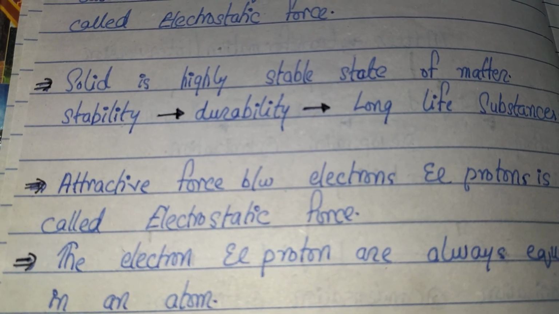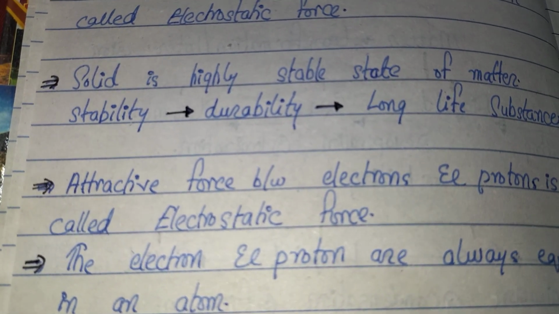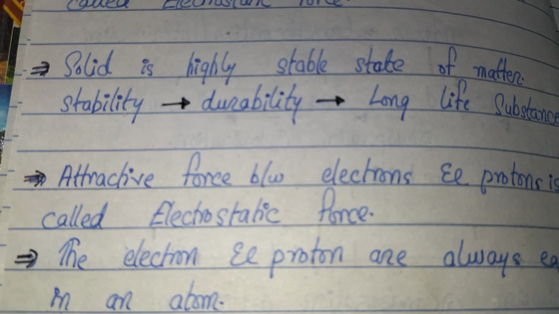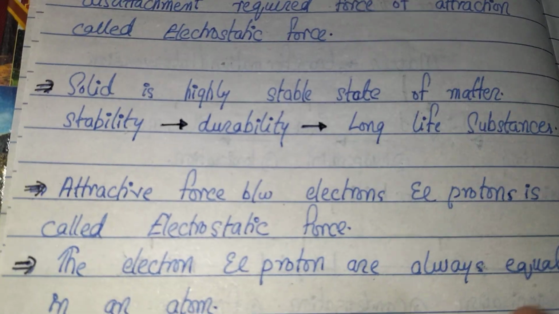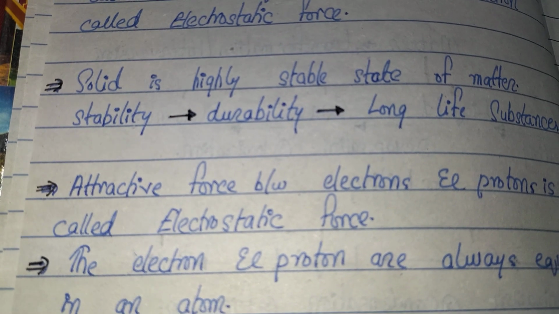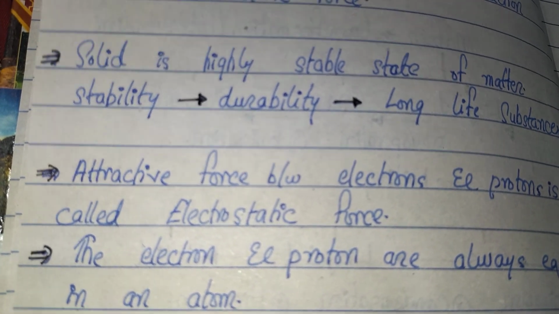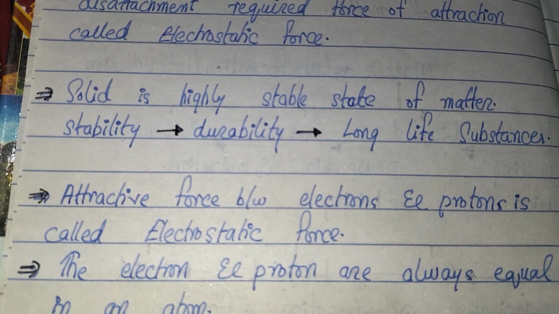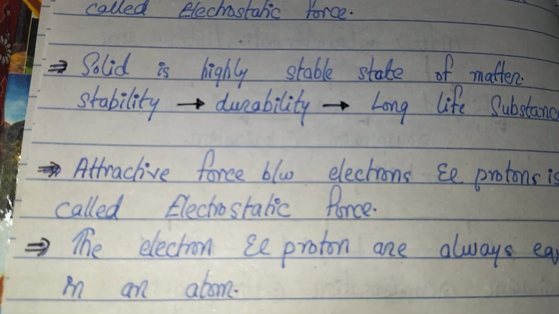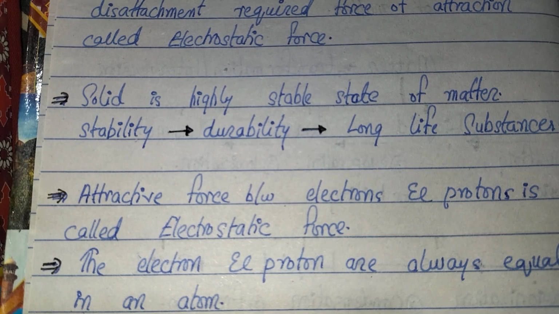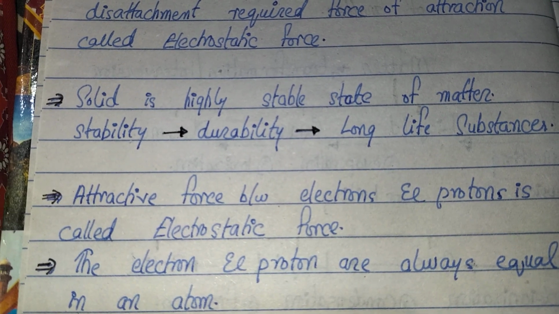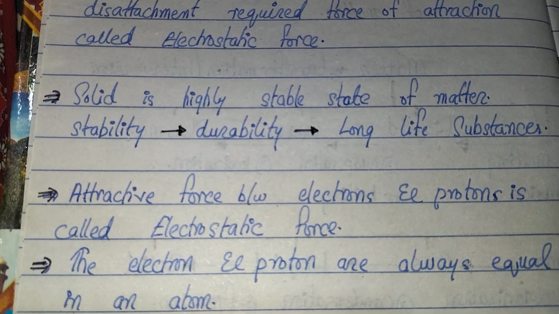Likewise, if we have one proton in an element, there must be one electron in that element. There can be a change of electrons, but in a single atom, the number of electrons and the number of protons are always equal.